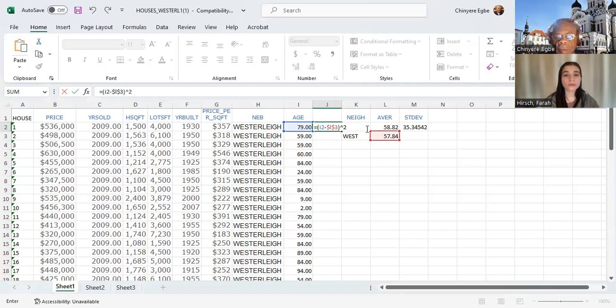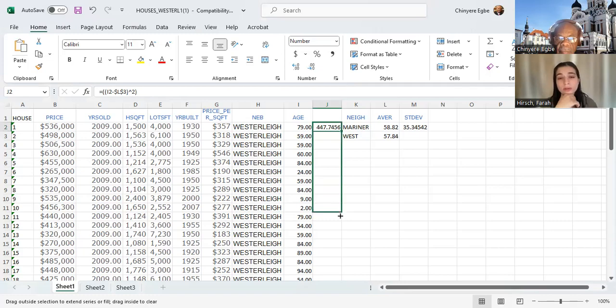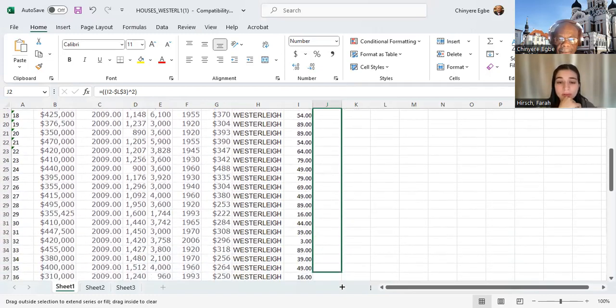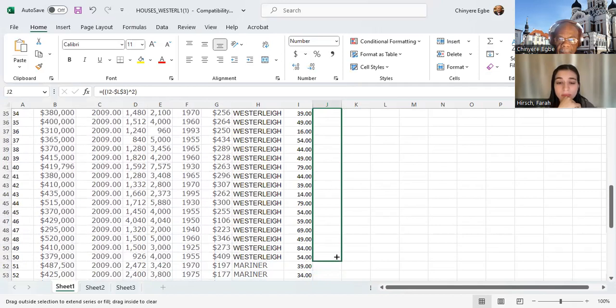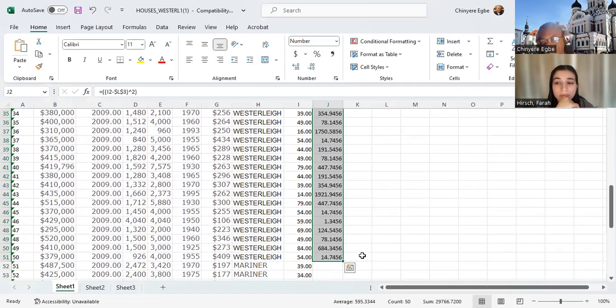So if you wanted to do it by hand, which I usually don't require, you calculate the squared deviations all the way down, then get the summation of that, divide by n minus 1, and take the square root of it.